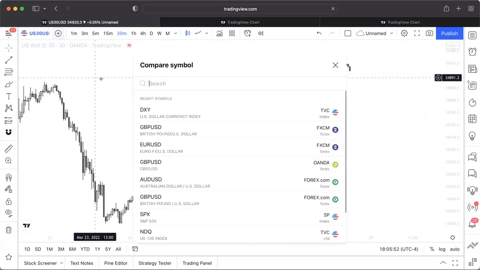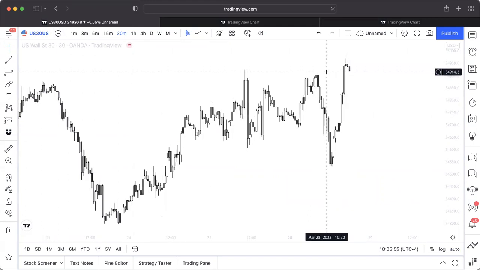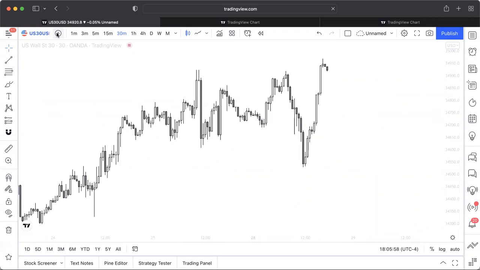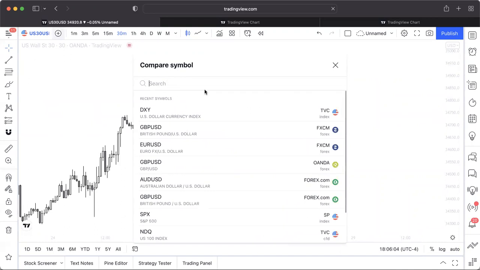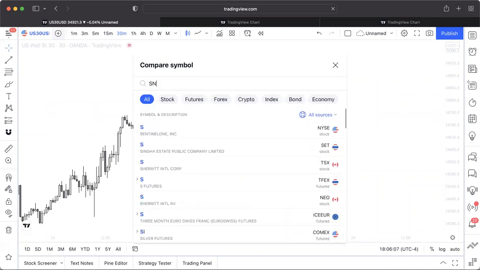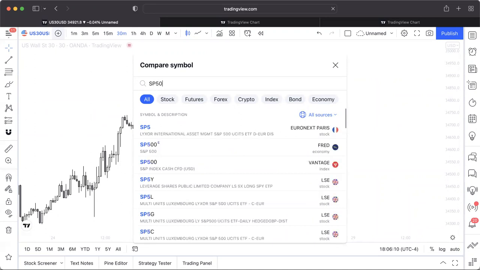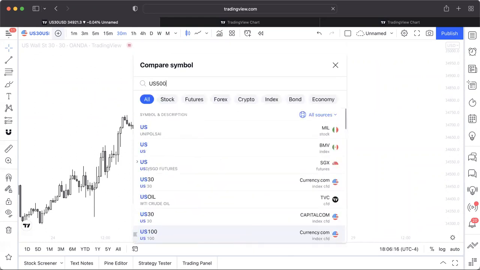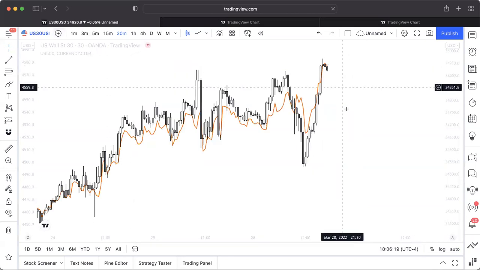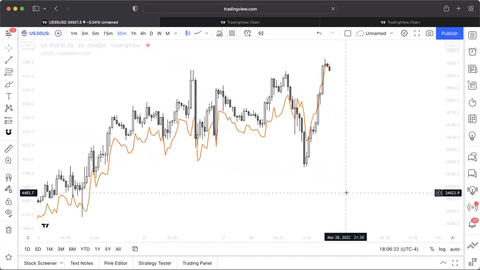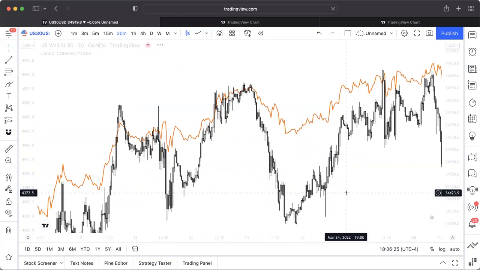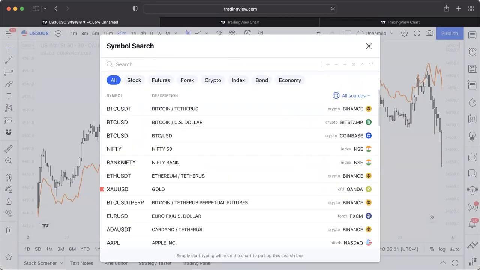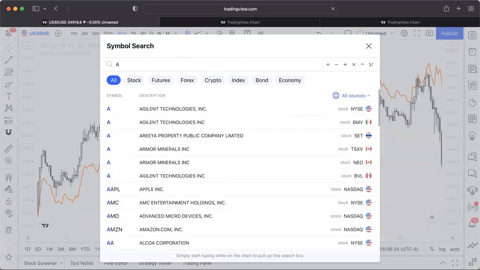So let's pull up... Okay, the thing is, it's not with DXY, it's correlated with S&P, I think. Let me go to the US dollar pair so it can make more sense.